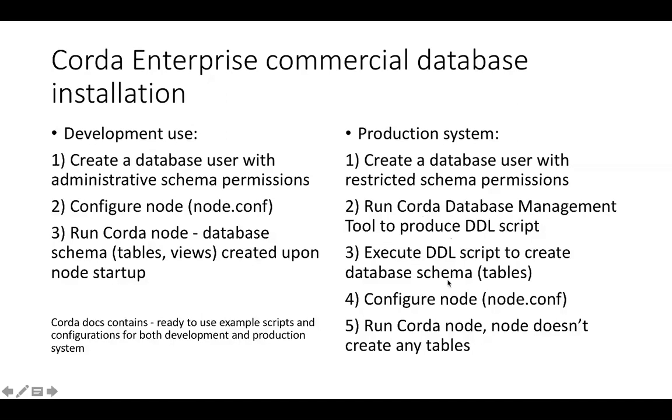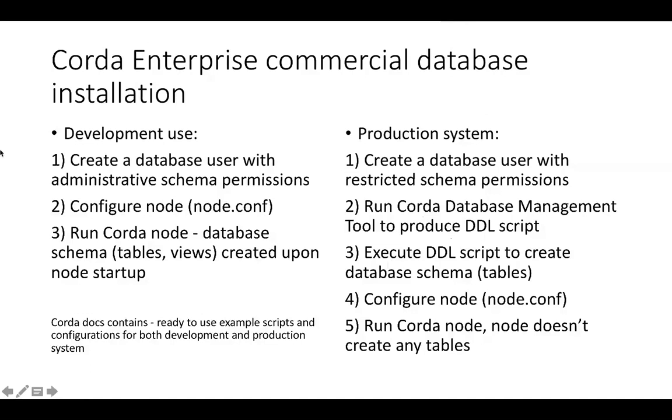Then he can examine the script and manually execute it, and it will create the database. As well, in point 4, the node needs to be configured and started. In this mode, the node will not create any database tables. They are created in point 3.